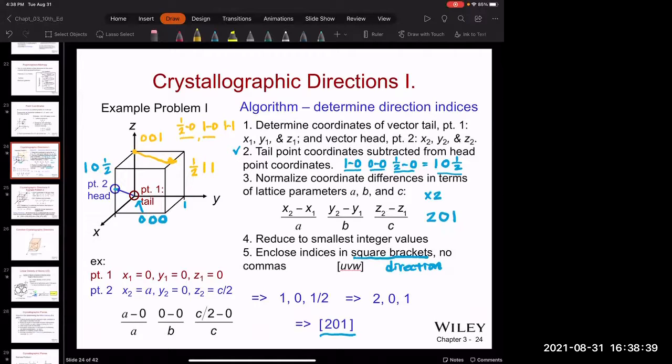So the result will be 1/2, 1, and 0. Now the last step is to make it all integers. We multiply by 2 and we get 1, 2, and 0. And this is our direction with the square bracket. This is how we find the direction. So that arrow represents the direction [1 2 0].